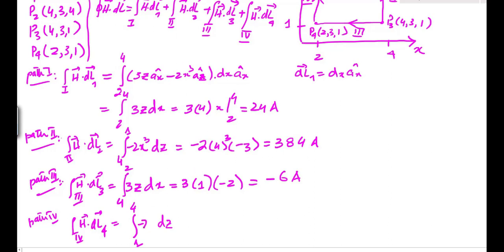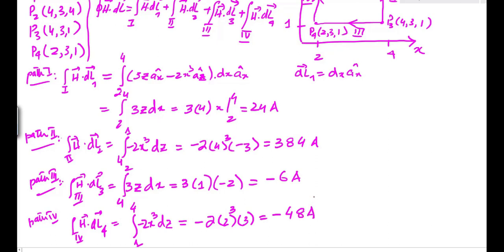I'm just writing that component of the magnetic field intensity which is tangential to this path, which is minus 2x cube. Now if you solve this, x here is 2, which is a constant, and from this integral we will obtain 3, which comes out to be minus 48 amperes.